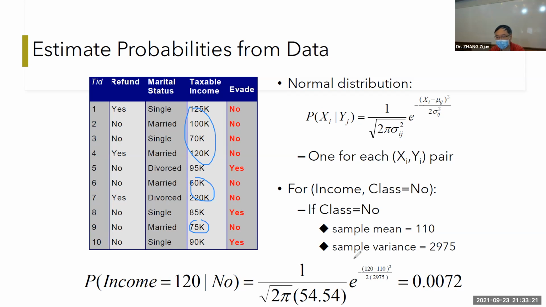We have 7 records. Then we can compute the sample mean and sample variance. Then we can use this normal distribution to estimate the probability of income equal to 120 conditional on Y equal to no. We replace X with 120, and we obtain the mu and sigma here.